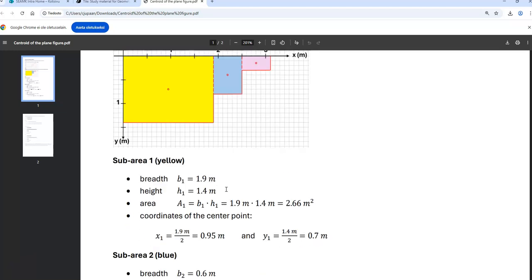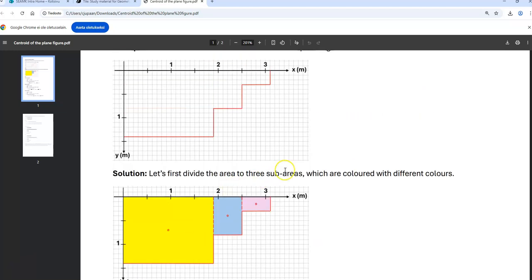In the exercise below I suggested using horizontal lines. So you could calculate this example again by dividing it by horizontal lines. Here you would use one line and there another line, and then you get 1, 2, 3 sub areas also. They are totally different sub areas than in this example, and you get totally different intermediate results.